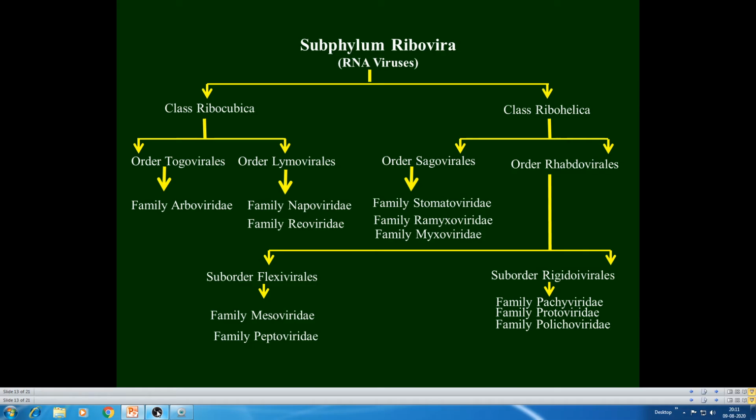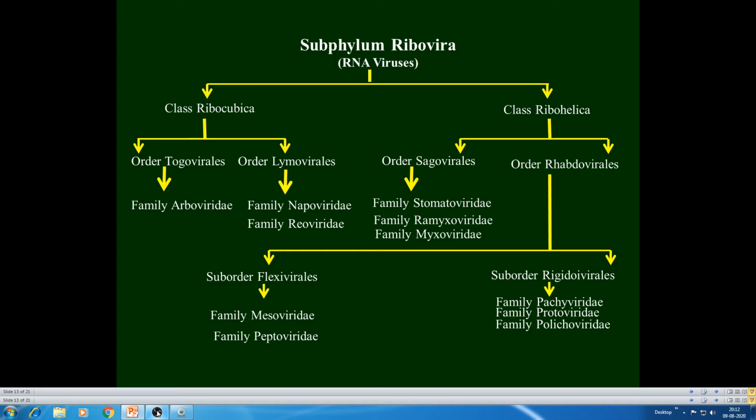Could you follow me? Right? In the case of Ribohelica, there are two orders, Sagovirales and Rabidovirales. Sagovirales have three families, Stomatoviridae, Ramixoviridae, and Myxoviridae. But in the case of Rabidovirales, that order is again divided into two suborders, the suborder Flexivirales and the suborder Rigidovirales.